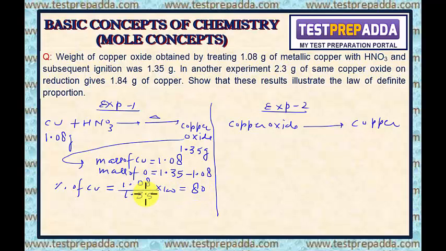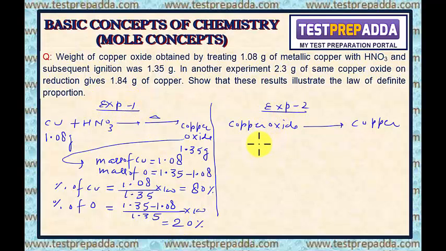If you solve, this comes 80%. Now, percentage of oxygen will be 1.35 minus 1.08 upon 1.35 into 100. This comes 20%. So, in copper oxide, we are getting 80% copper and 20% oxygen with the help of experiment 1.